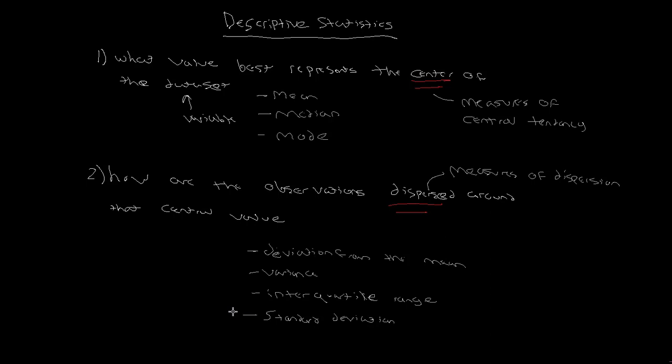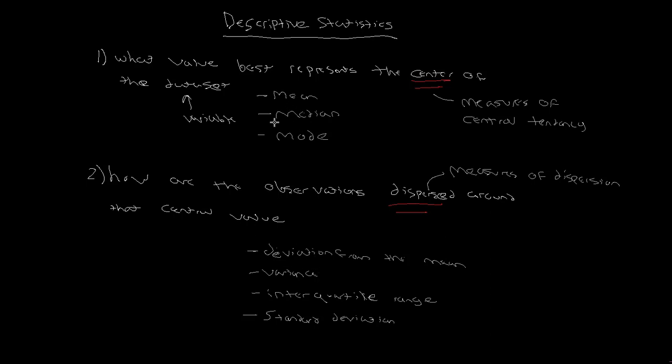What I want to do in this video is go through these. We'll probably go through two of them in this video and then two in the next, talking about these four measures of dispersion. But I want to make sure that we have an understanding of mean and median as they're going to come into play for the measures of dispersion.